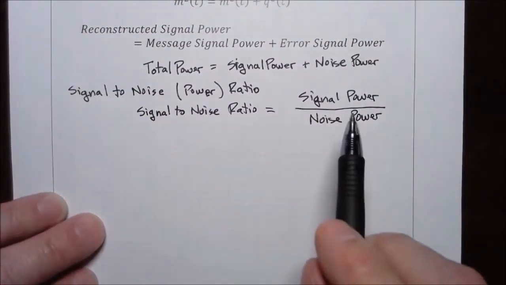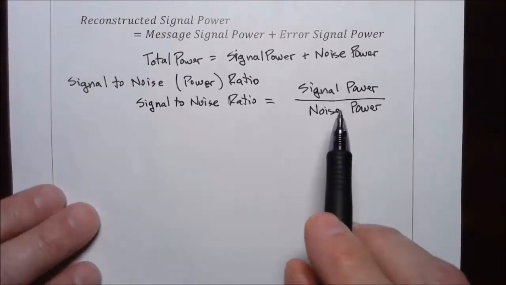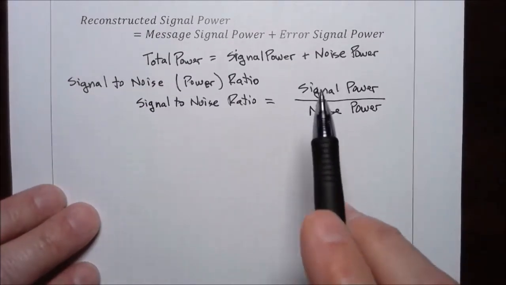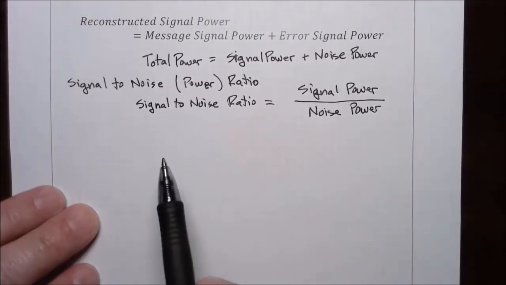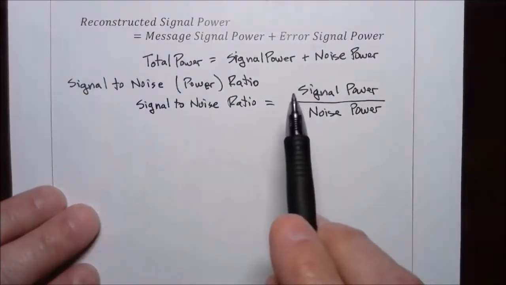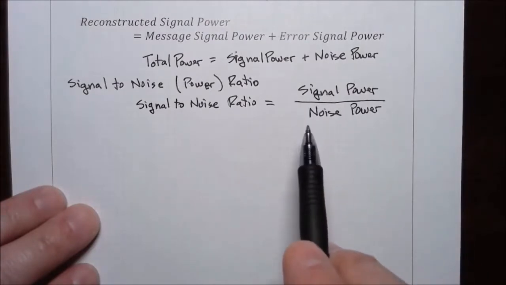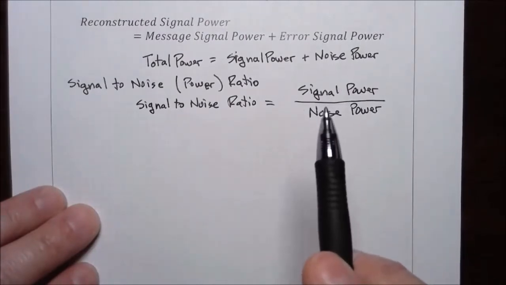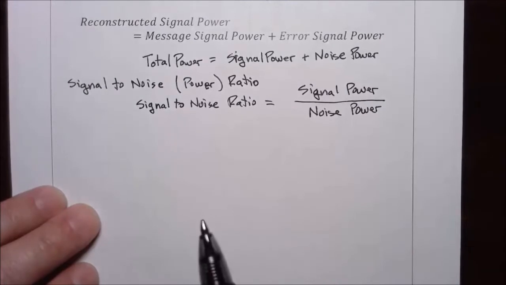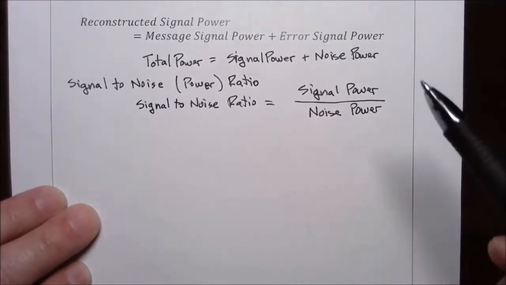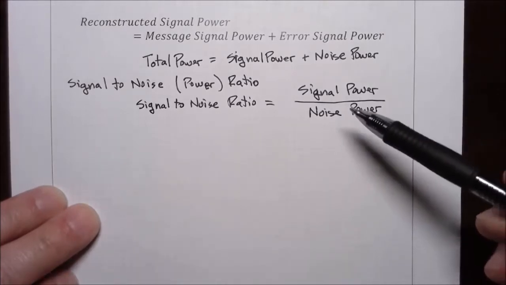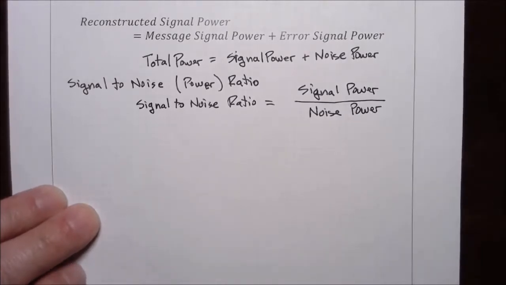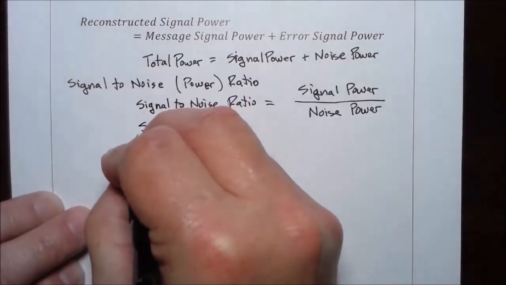And the higher this number, the higher the quality of the signal. So for our reconstructed signal, the higher this signal to noise ratio, the higher the quality of the reconstructed signal. And it is a power ratio, so we're taking the signal power and dividing by the noise power. This is a signal to noise ratio.